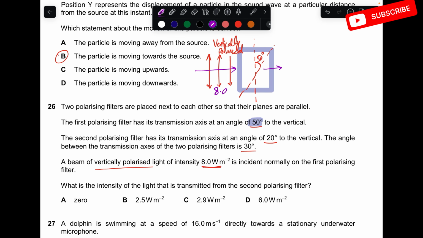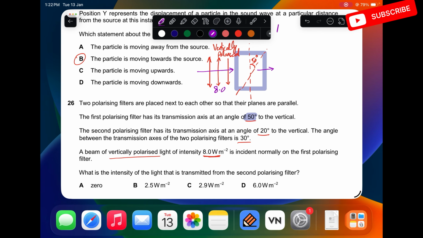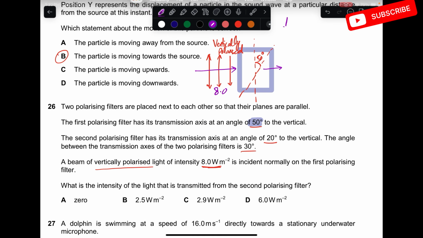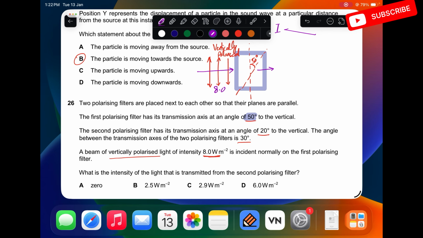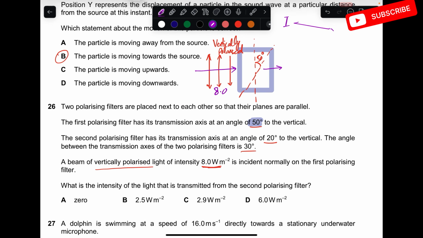You know Malus's law, I equals I naught cos square theta. So the remaining will be 8 into cos square theta, and theta will be 50 degrees, because the angle between the light coming and the transmission axis is 50 degrees.